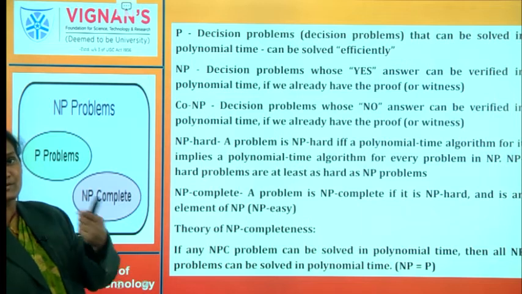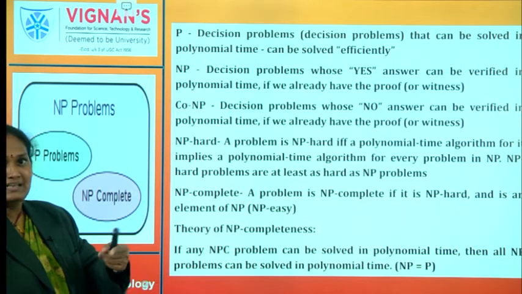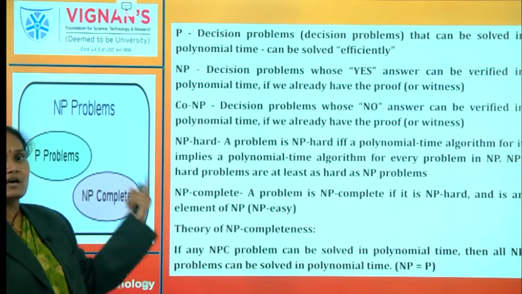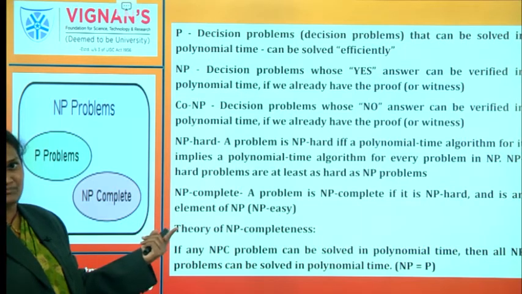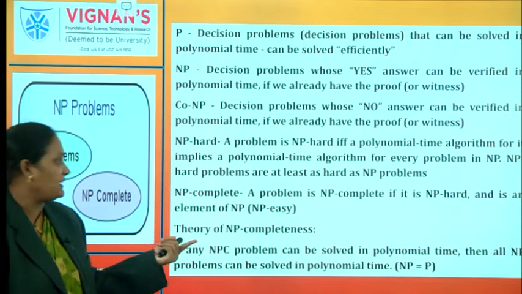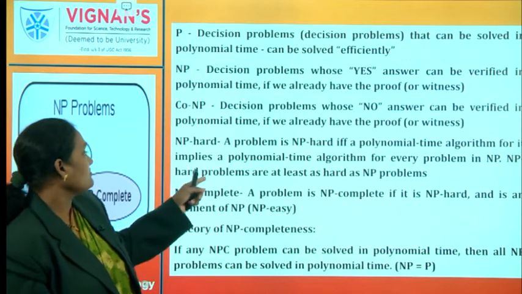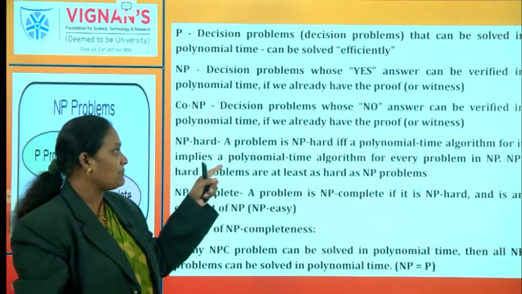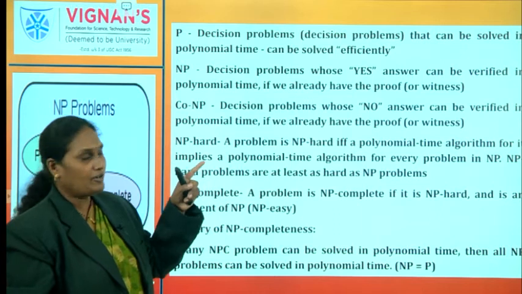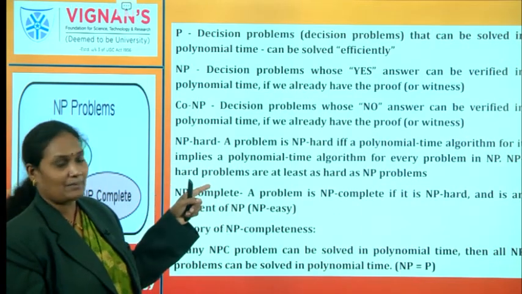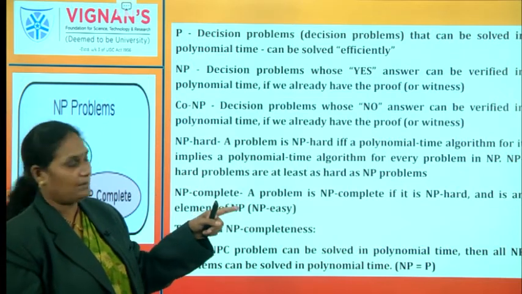If I solve an NP problem by using a polynomial time algorithm, the NP hard problems can also be solved by using the same polynomial time algorithm. Then we can say NP reduces to NP hard. So that's why a problem is NP hard if and only if a polynomial time algorithm for it implies a polynomial time algorithm for every problem in NP.